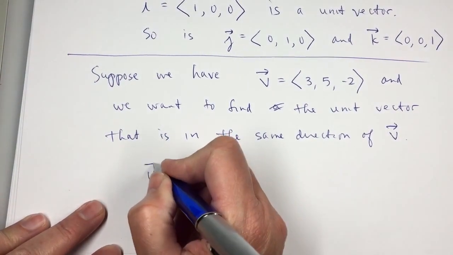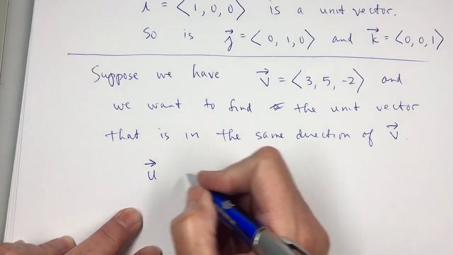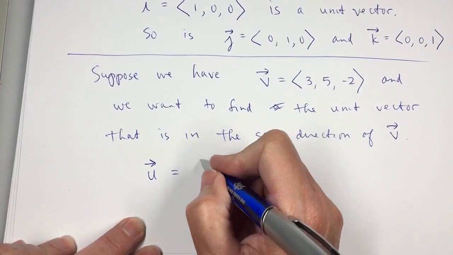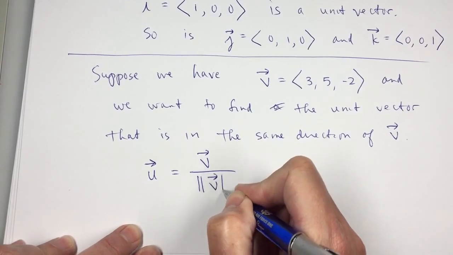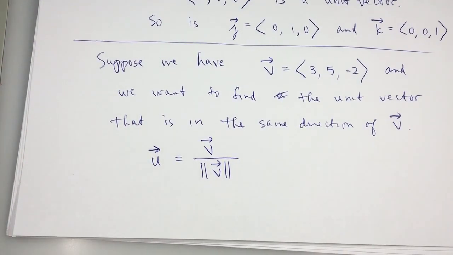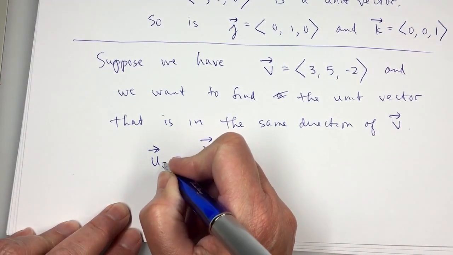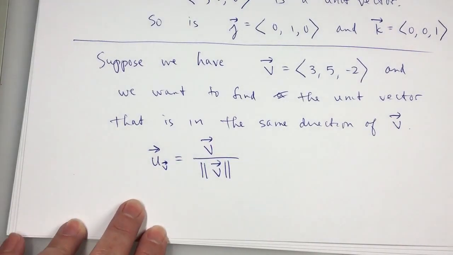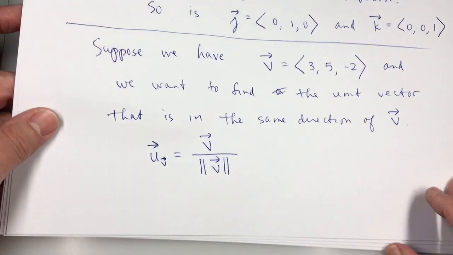The unit vector that's in the same direction of this vector V would be vector V divided by the magnitude of V. And I think sometimes they might write U sub V, unit vector in the same direction of V. So we have to find the magnitude of V. Let's do that.